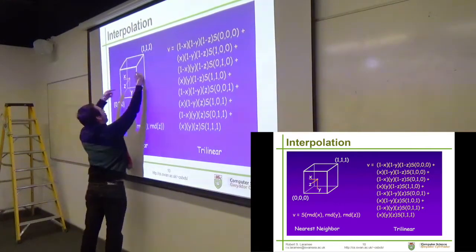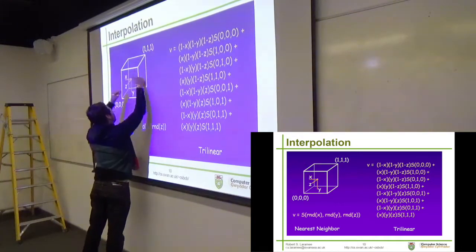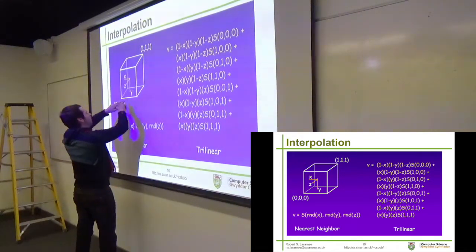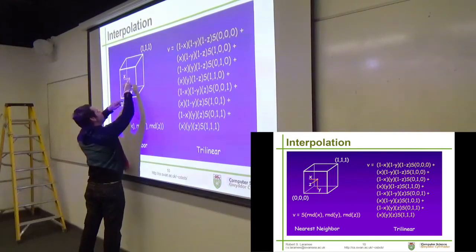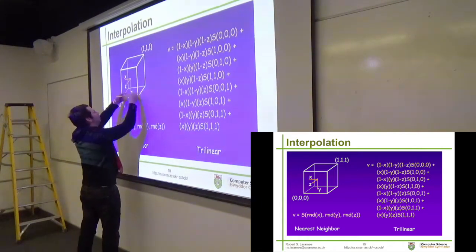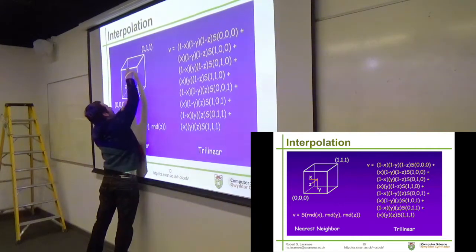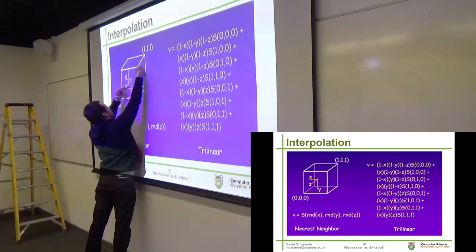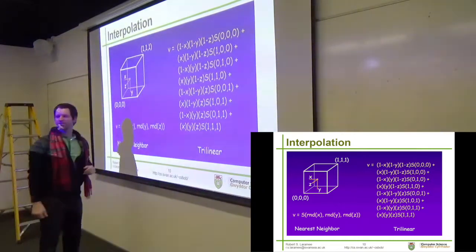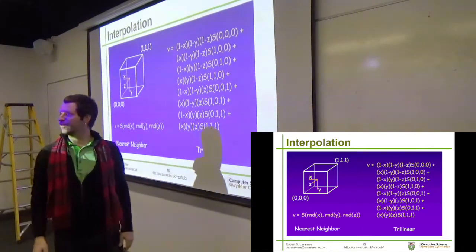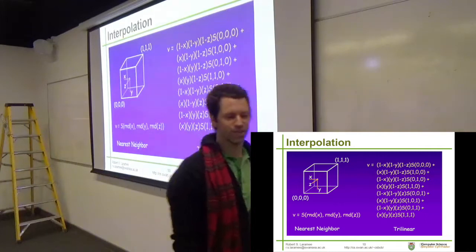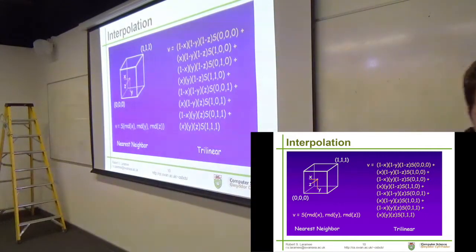And then 1 more along z. So you have 7 altogether. You have 4 plus 2 plus 1. So 1, 2, 3, 4, and then 5, 6, and then 7. It's hard to see. I'm just waving my hands around, but that's how it works.